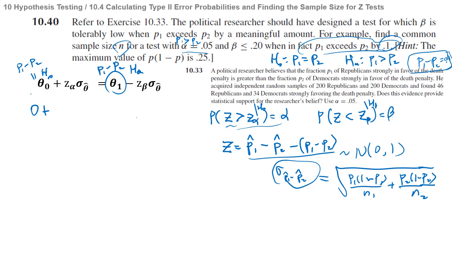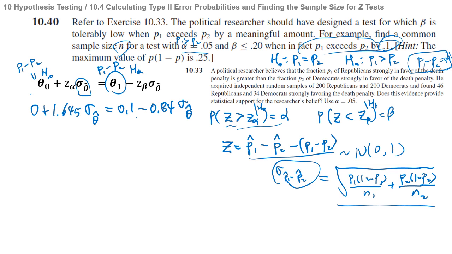Alpha is 0.05, so 1.645, and this equals 0.1 minus z beta. Z beta is z 0.2, which is about 0.84, and again sigma theta hat.